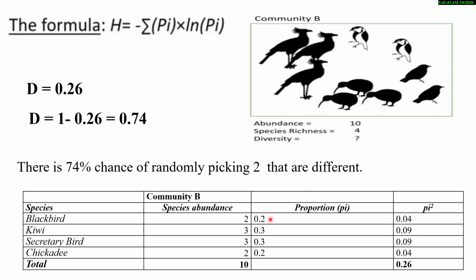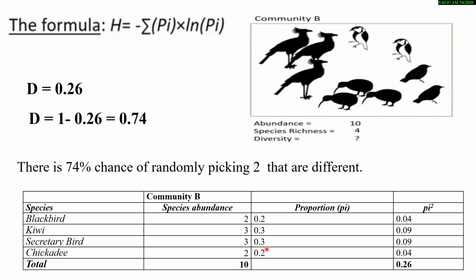Let us take the proportions of each species within the community. You divide this by 10, you get this. And you know how we arrived at these proportions. You divide the abundance of each species within the plot by the total individuals within the plot.